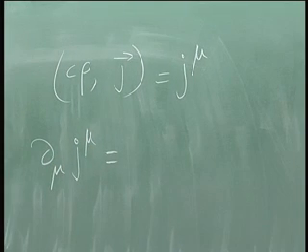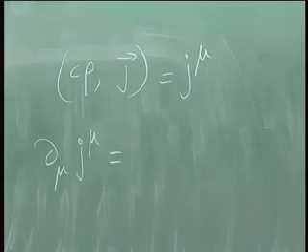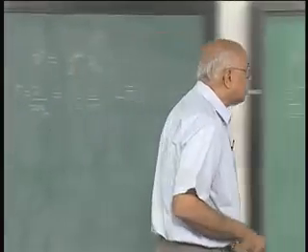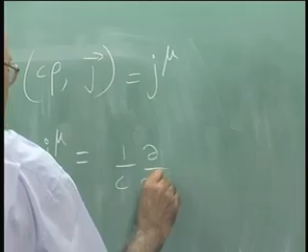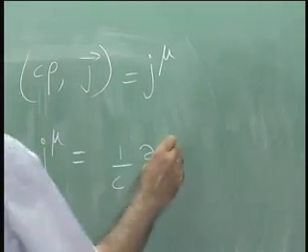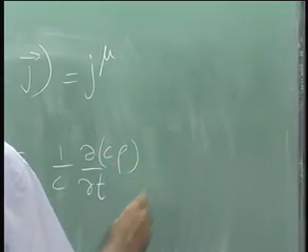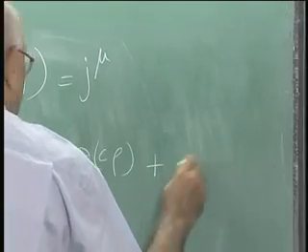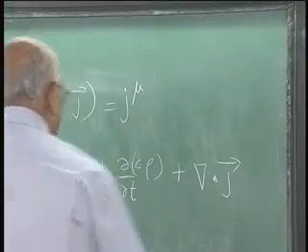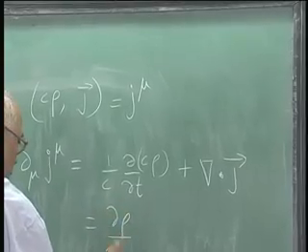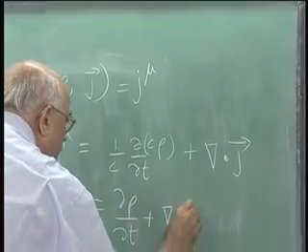It is the 4-divergence of the 4-vector current, and this stands for (1/c)∂/∂t of cρ, plus, that is important, ∂_μ downstairs is a ∇ operator, dot j, and this is equal to ∂ρ/∂t + ∇·j.